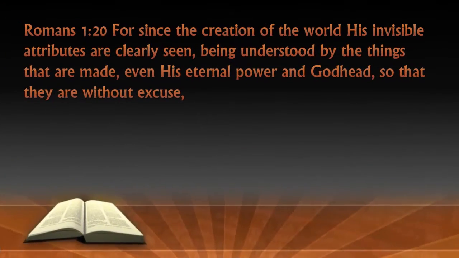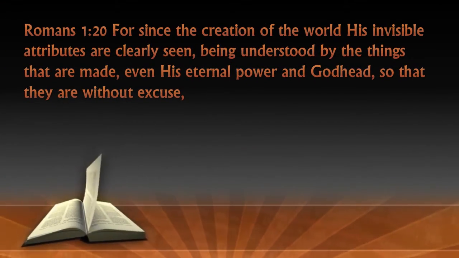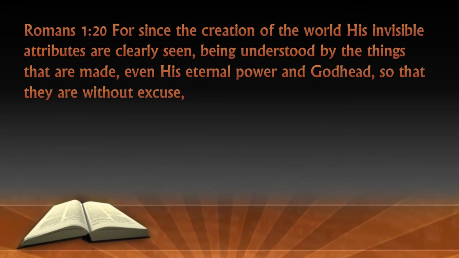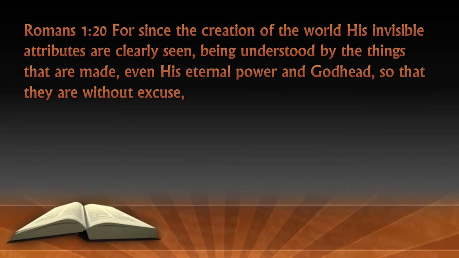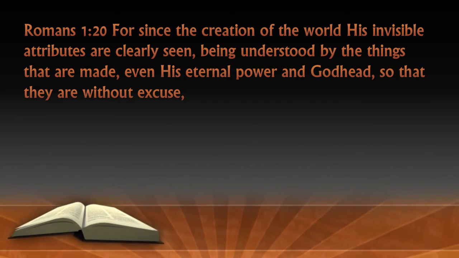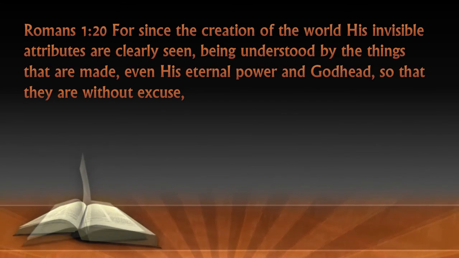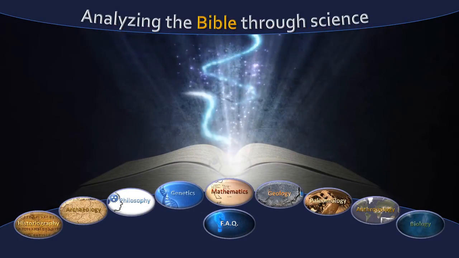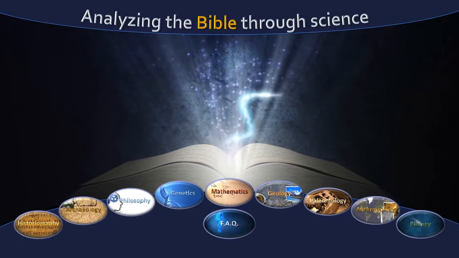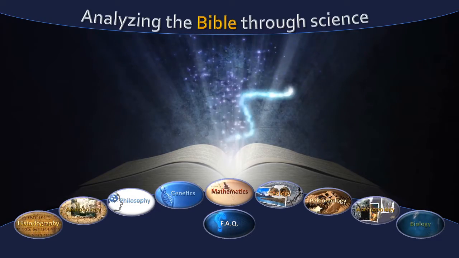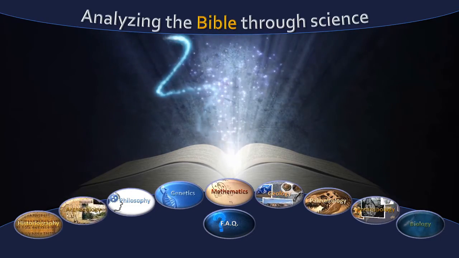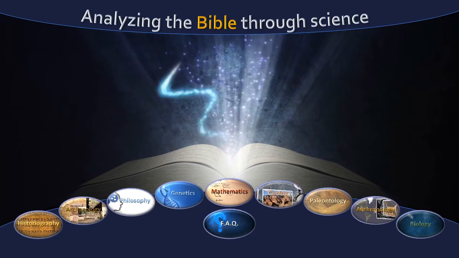Truly, God has invisible attributes like His infinite wisdom that are clearly seen in the things that He has made, and we are without excuse. This week, we've taken one more step into using logic and philosophy to understand why that verse is so true and creation reveals there is a creator.